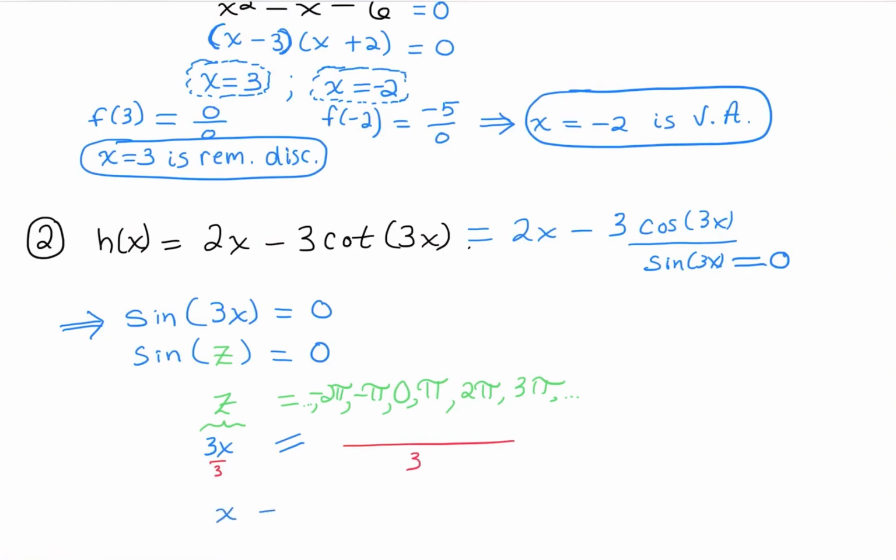And so we have x equals -2 pi over 3, negative pi over 3, 0, pi over 3, 2 pi over 3. And these go on and on in either direction.